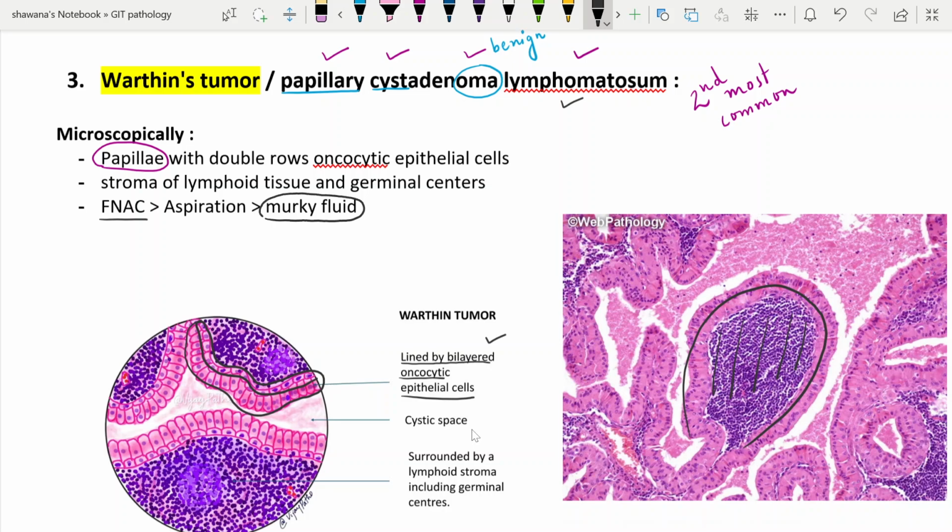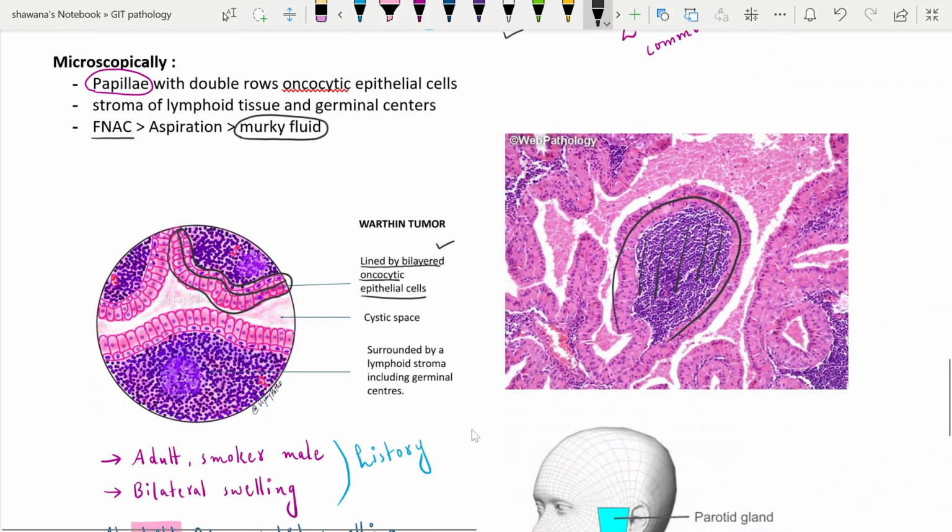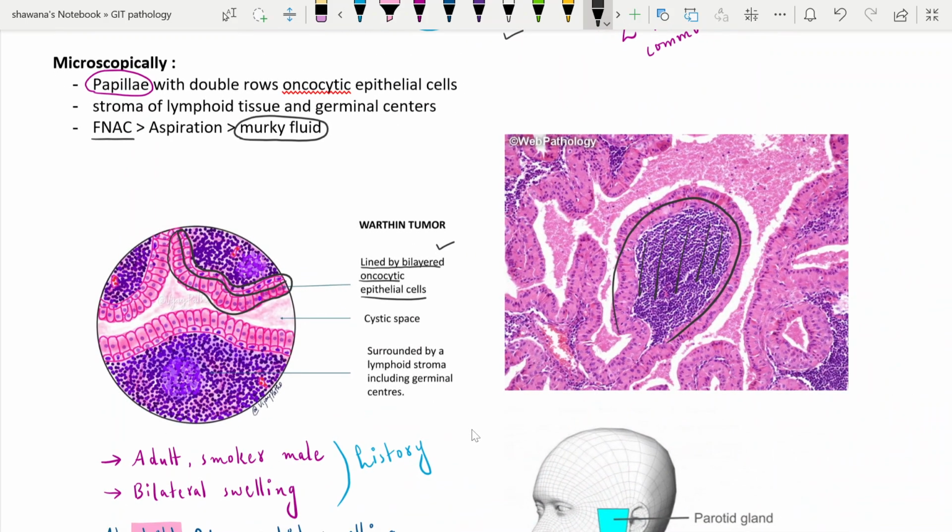Murky fluid is a very important hallmark for this kind of Warthin's tumor. We are going to see murky fluid on aspiration on FNAC. Okay, this was the Warthin's tumor: the papilla with bilayered oncocytic epithelial cells, and inside is the lymphocytic infiltrate.